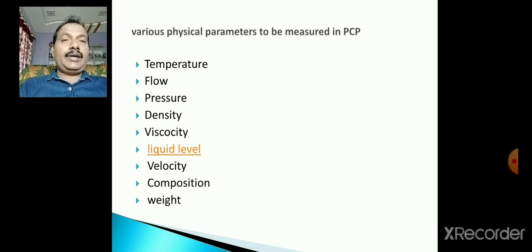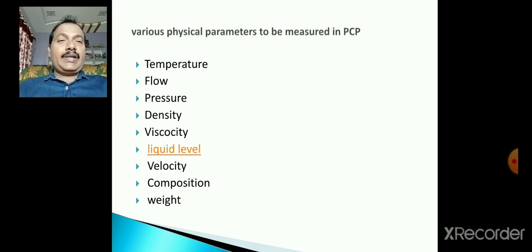These are the parameters we have to measure. For example, we have seen how the crude oil flow into the distillation column is regulated with the flow loop. Similarly, the temperature loop will regulate the temperature of a vessel.